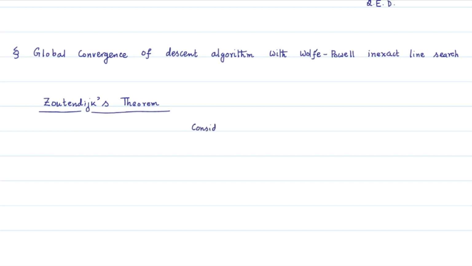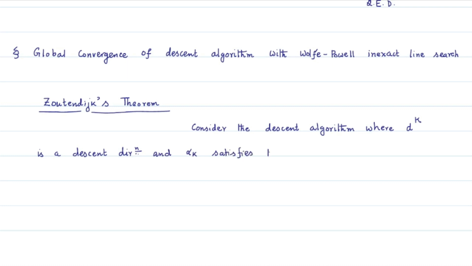consider the general descent algorithm where dk is a descent direction and the step length alpha k satisfies the Wolfe conditions or Wolfe-Powell conditions, which we recall here.